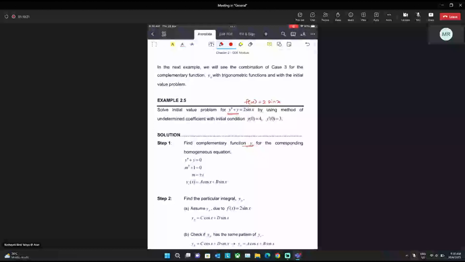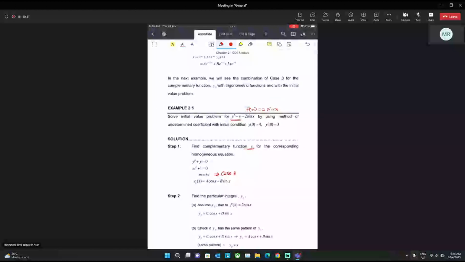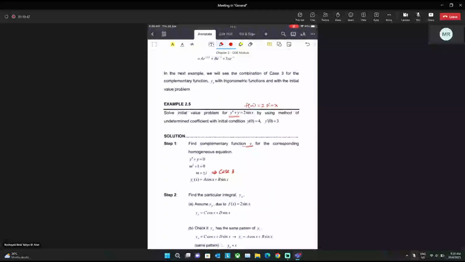So this is case 3. Masih ingat case 3 ni dapat dari mana? Based on your root, kita ada case yang M1 not equal to M2 and real, both M1, M2 are real.